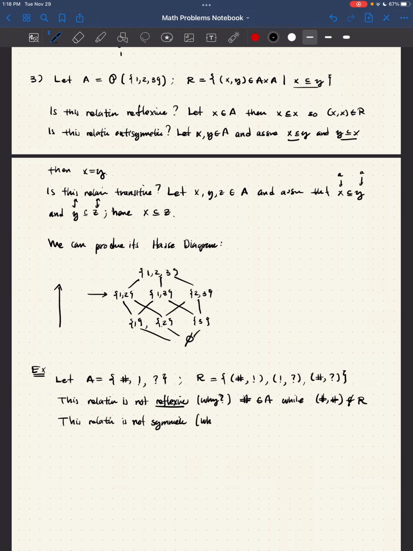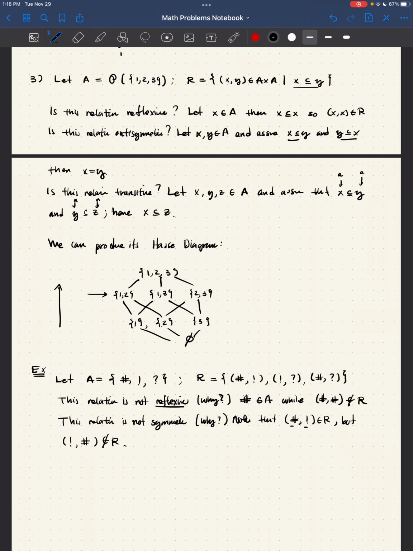You may say, why? Well, let's see. Note that this is in the relation. In other words, the pawn sign is related to the exclamation sign, but the exclamation sign is not related to the pawn sign.